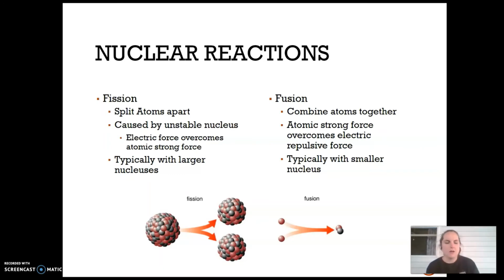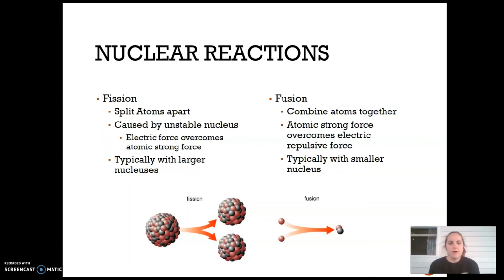Fission is the split of atoms apart caused by an unstable nucleus, and so the electric force actually overcomes the atomic strong force. So again, think back to what the atomic strong force is. It's the force between the proton and neutron. When they are separated by a further distance, the electric force is actually going to take over.